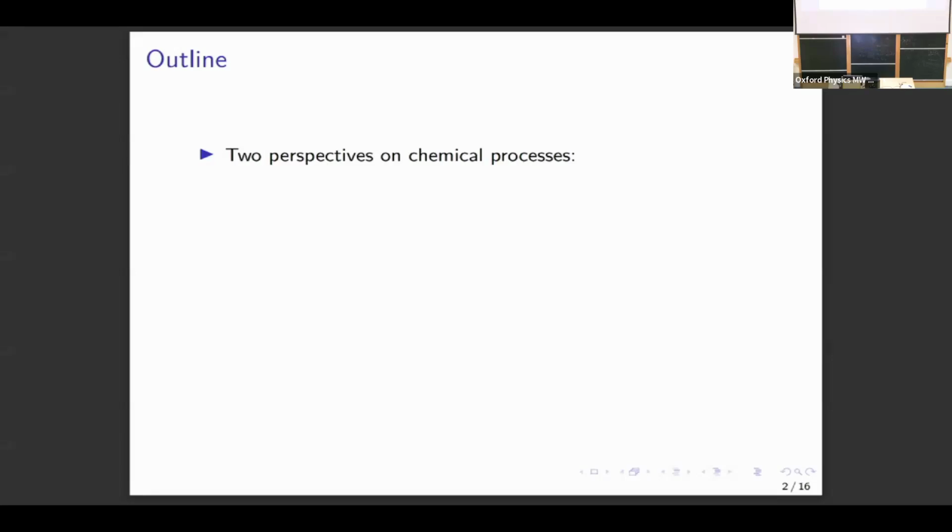The motivation is that in the literature, especially on formalizing chemistry, and in the practice of organic chemistry and organic synthesis, there are two perspectives on chemical processes. The first one, I imagine most people are fairly familiar with. That's the chemical reactions. If you open a random page from a chemistry textbook, you will probably see a lot of these.